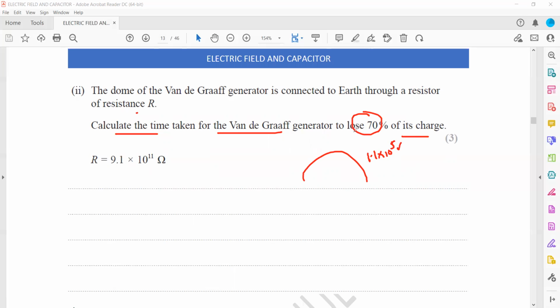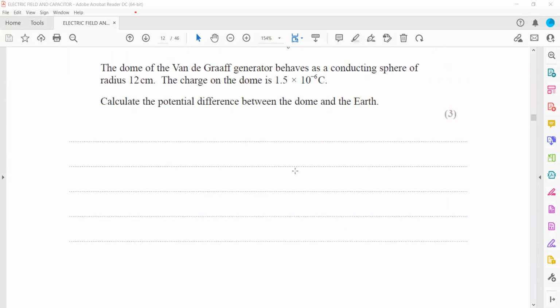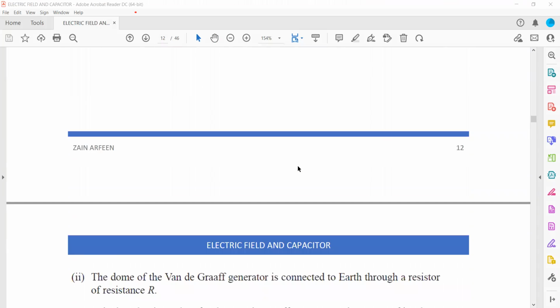We want it to lose 70% of its charge, or decrease by 70% of its original value, or the maximum charge on the dome. In the beginning, the total charge stored on the dome was 1.5 times 10 to the power minus 6.